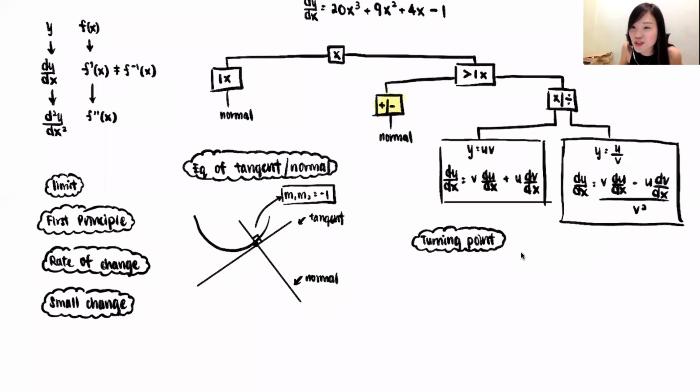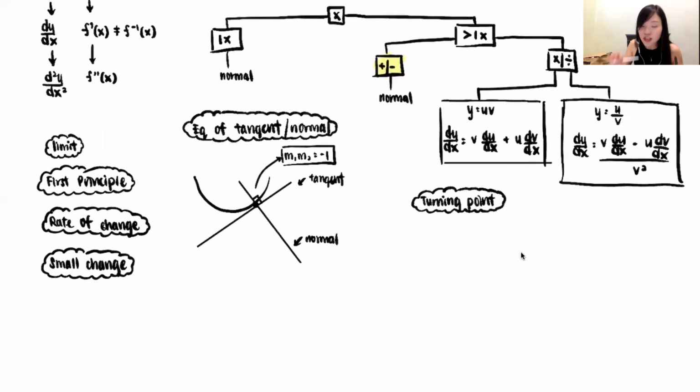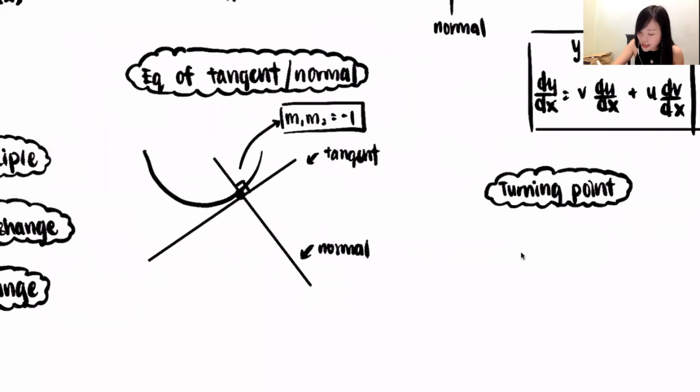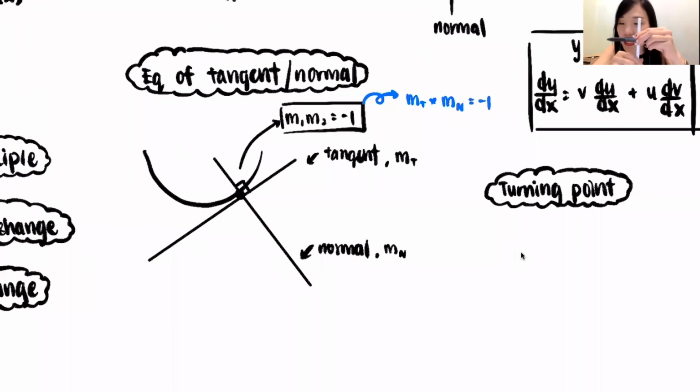So m1 m2 = -1. Whenever it's the tangent gradient, I always call it MT. Then the gradient for normal, I always call it MN. Easier, T stands for tangent, N stands for normal, okay? So m1 m2 = -1 means that gradient tangent times gradient normal will definitely equal -1. So whenever they are perpendicular, one gradient times the other one will always be -1.